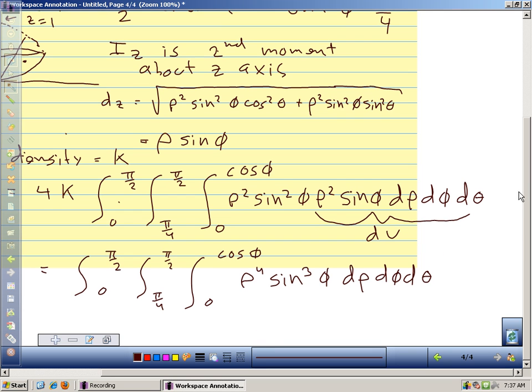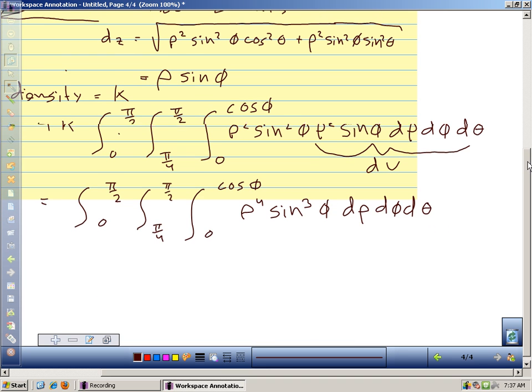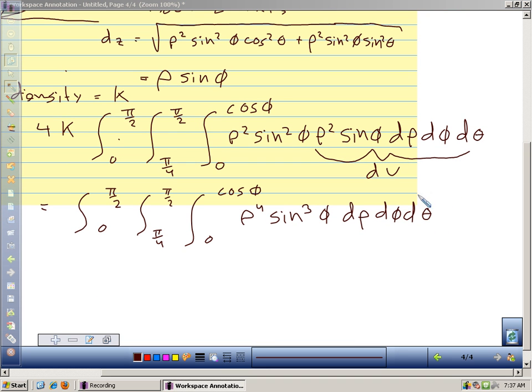Usually the integrals that we'll do are pretty straightforward and pretty easy. So not a difficult integral to evaluate. When we evaluate the rho integral, with theta from 0 to pi over 2 and phi from pi over 4 to pi over 2, we end up with rho to the 5th over 5, evaluated from 0 to cosine phi.